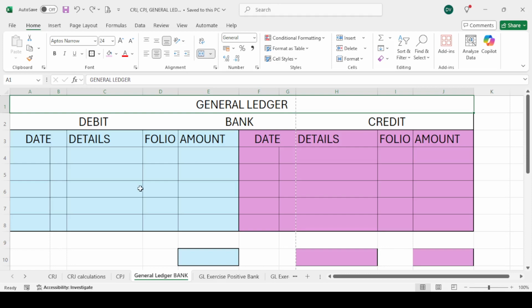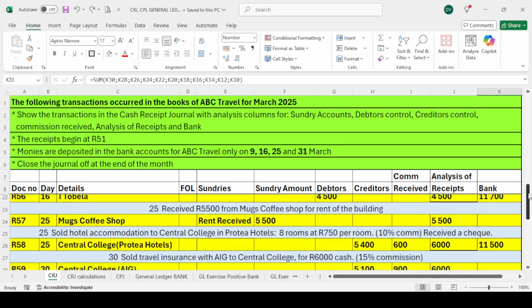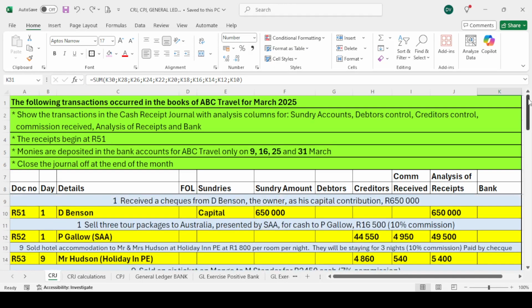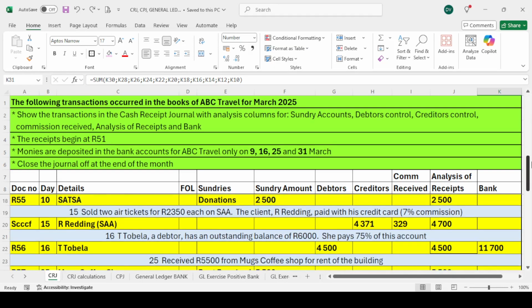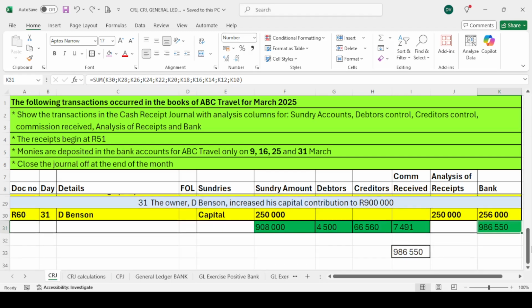I just want to go back to them so I can show you where we are going to get this bank amount. On your CRJ, this is the CRJ we did together, you have to take the total of the bank column. In this case, it was 986550, and you have to insert it on your general ledger.